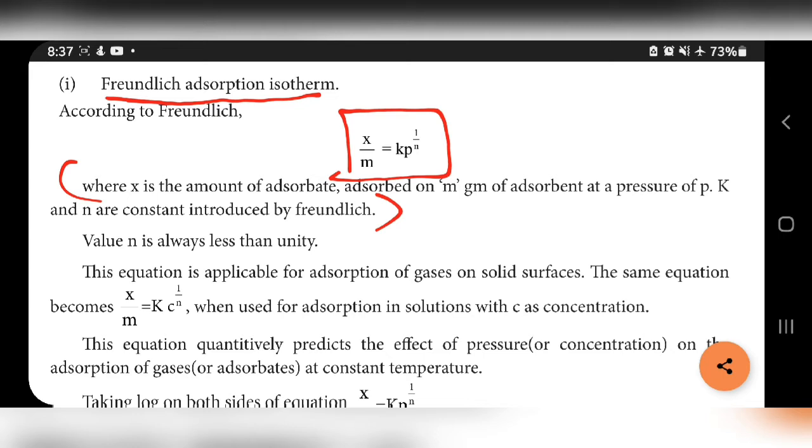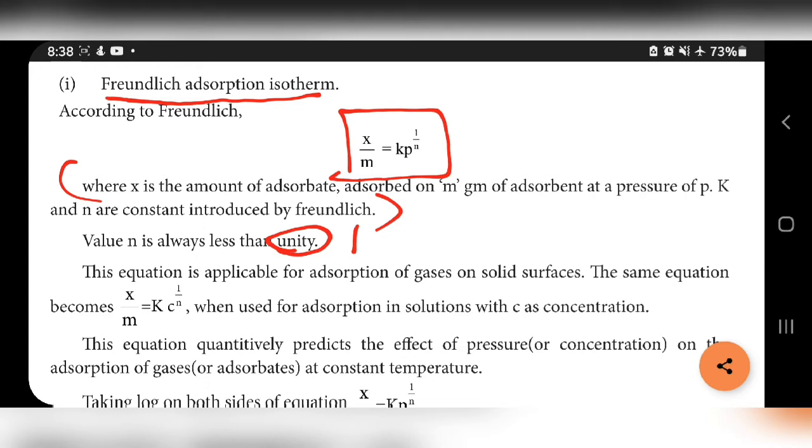Here x is the amount of adsorbate, m is the grams of adsorbent, at pressure p. k and n are constants introduced by Freundlich. The value of n is always greater than unity. Unity means 1.